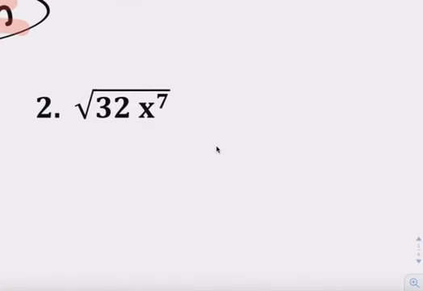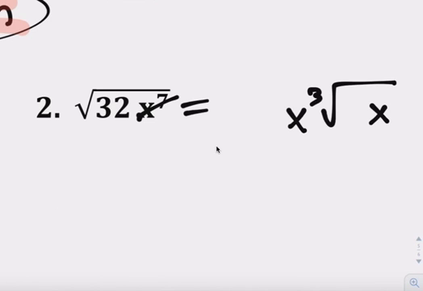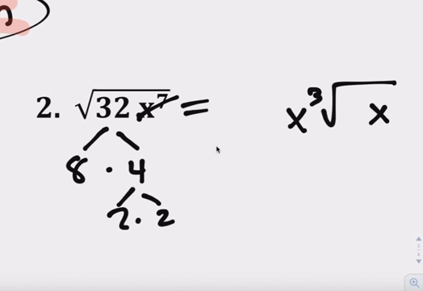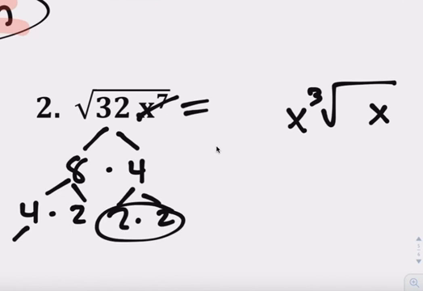This one, okay, x to the 7th. X to the 7th, you can make 3 pairs of x. X to the 3rd with 1 x left. 32, though, is harder. It's 8 times 4. 2 times 2. Okay, so one pair for sure, right? And then this one here is 4 times 2, and then 2 times 2, so another pair with this 2 left over.